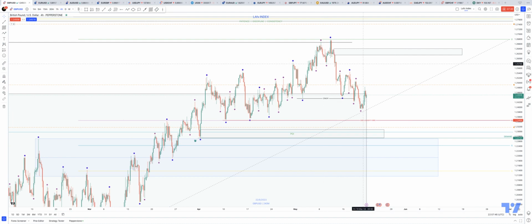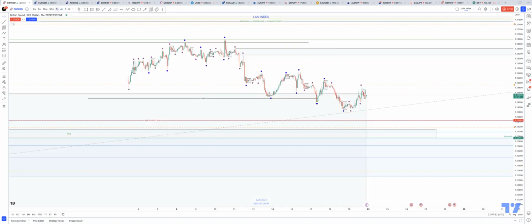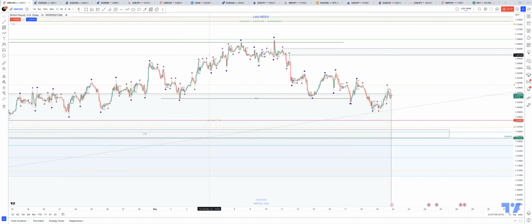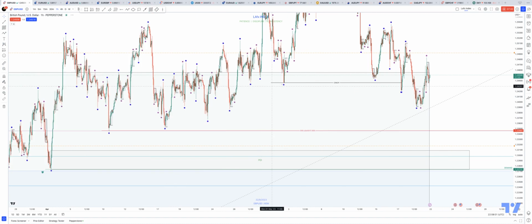Okay, I just went down to the 1 hour to check what price did here. Price broke with the body.